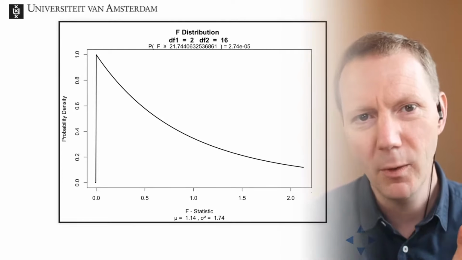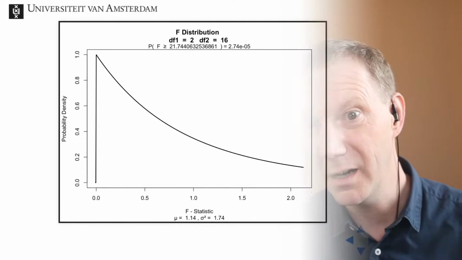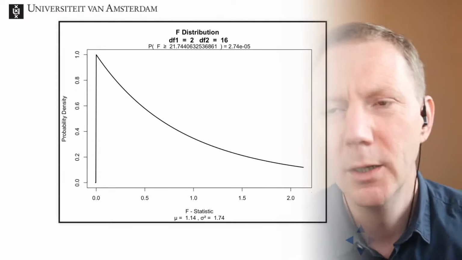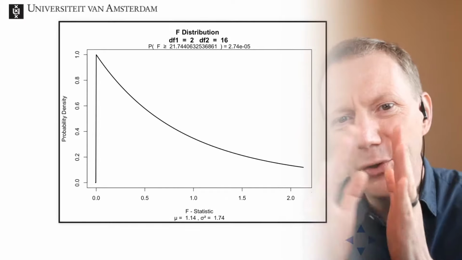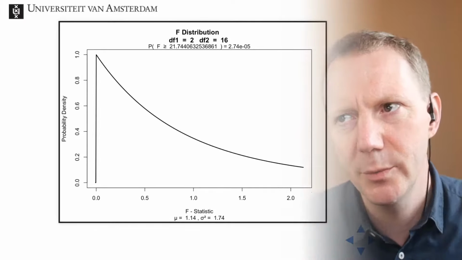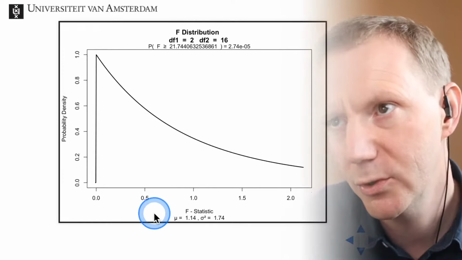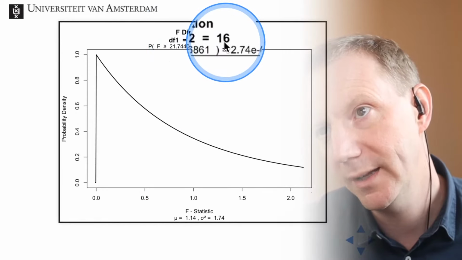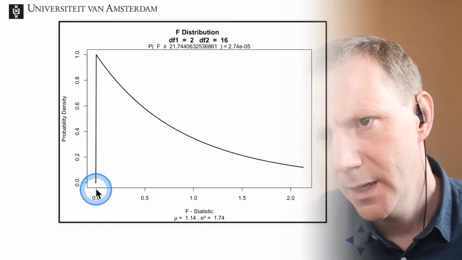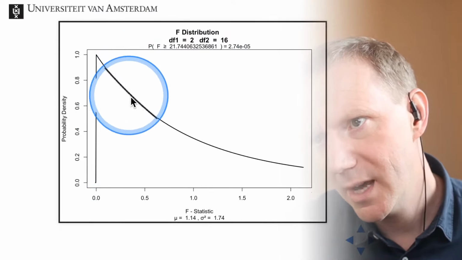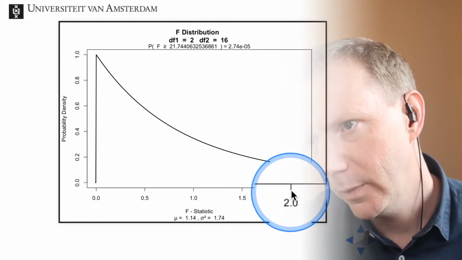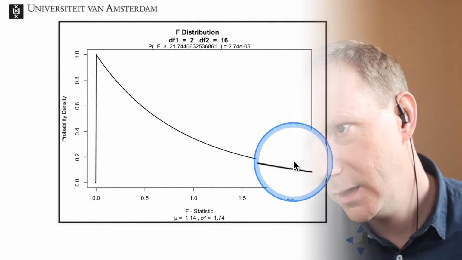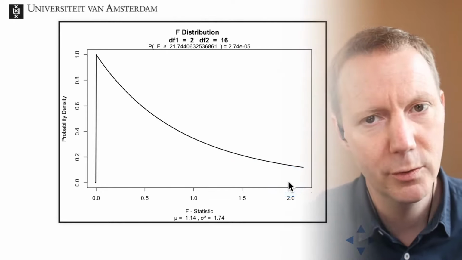So having an F value of 21, well, it's quite large. But quite large, of course, you have to be able to relate the height of the F value to the distribution. So if we look at this F distribution, for example, which is based on degrees of freedom of 2 and 16, you see that it goes down quite rapidly, and even at an F value of 2, this is quite infrequent if the null were to be true.